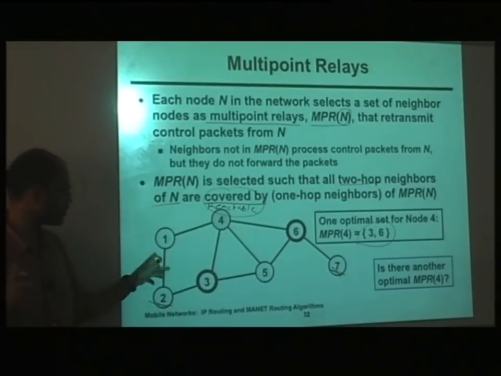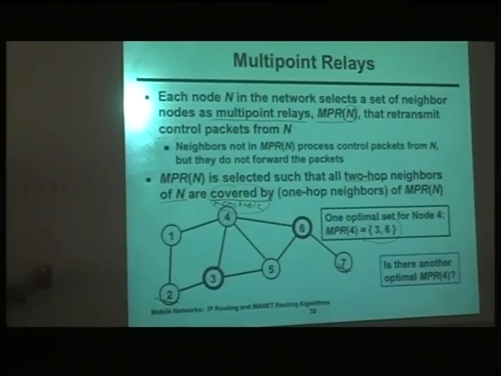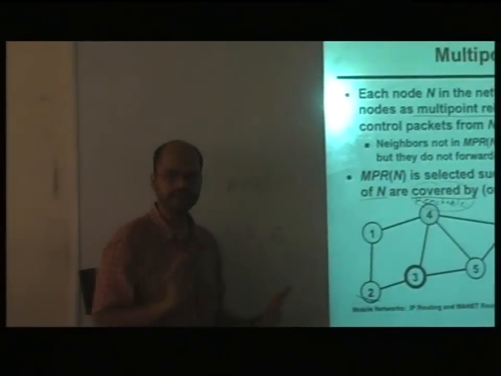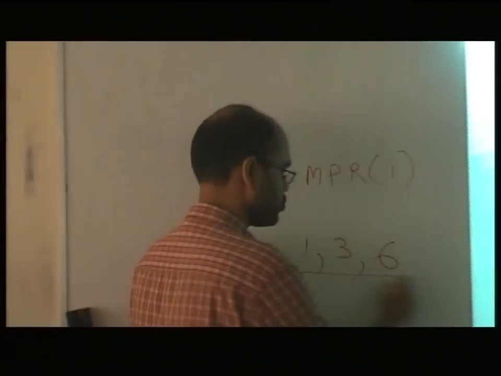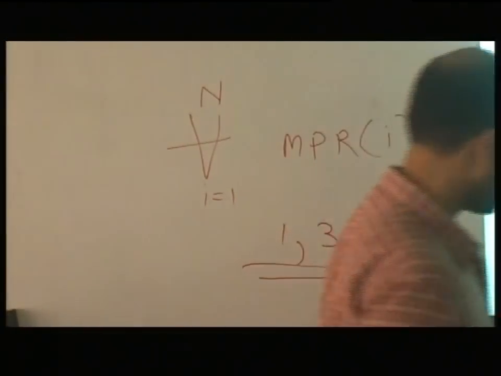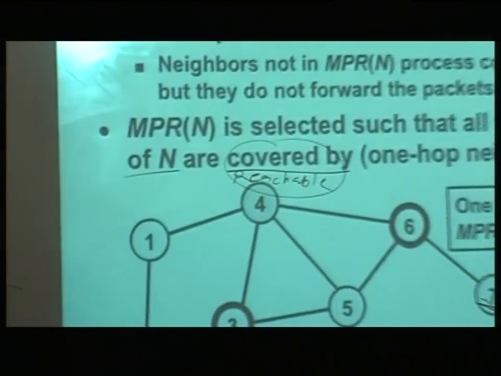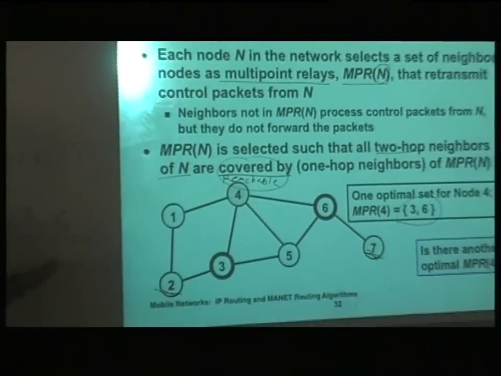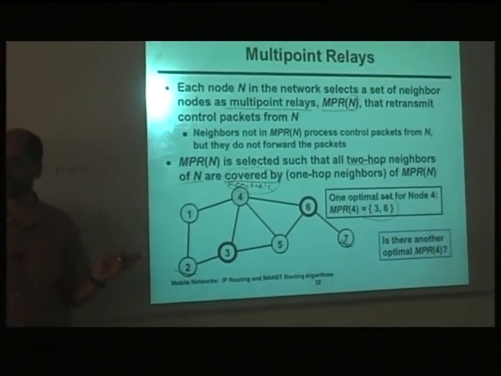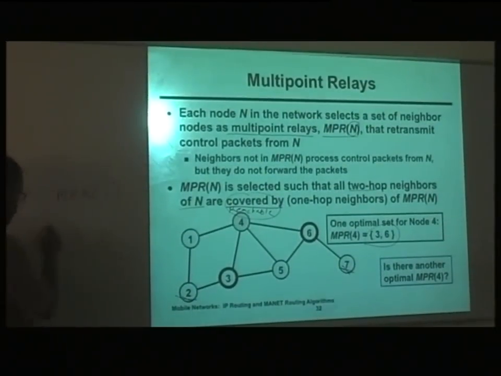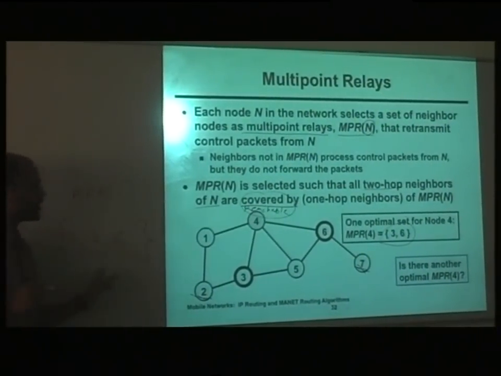Let's select all these: 1, 3, 6. These are the only 3 nodes which can reach 2 and 7 in one hop. So now this is an MPR of n. It's not optimal, but this is an MPR of n.